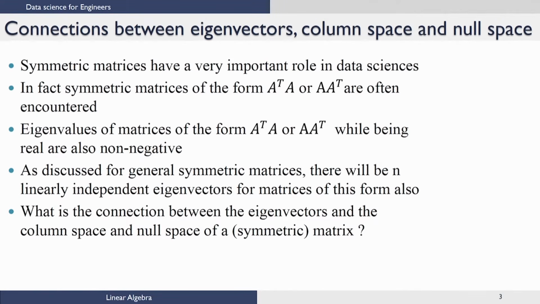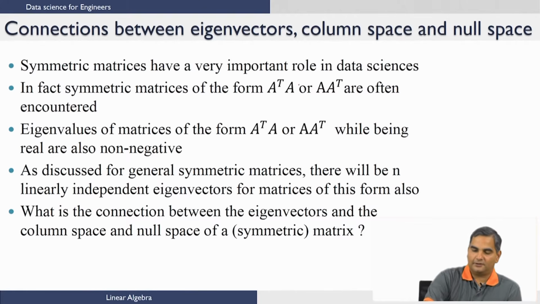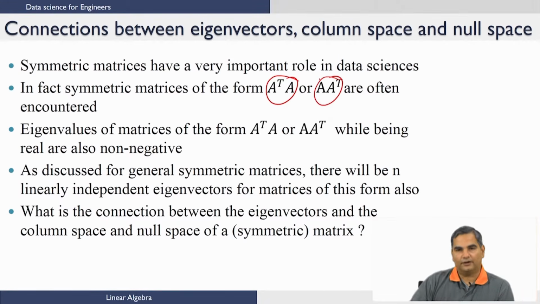And as I mentioned in the last slide, symmetric matrices have a very important role in data science. In fact, symmetric matrices of the type A transpose A or A A transpose are often encountered in data science computations. And notice that both of these matrices are symmetric.